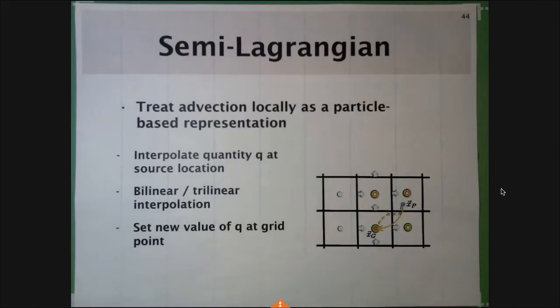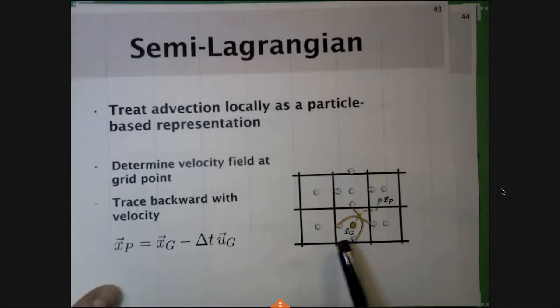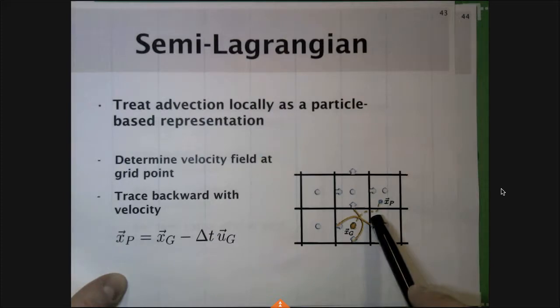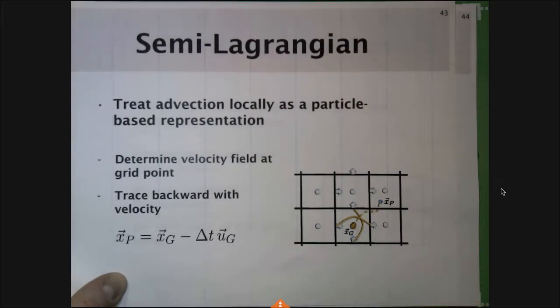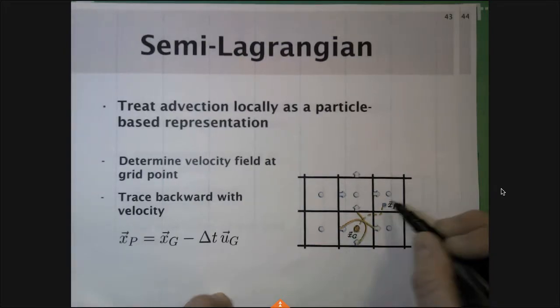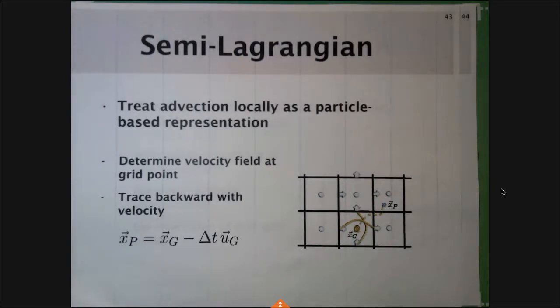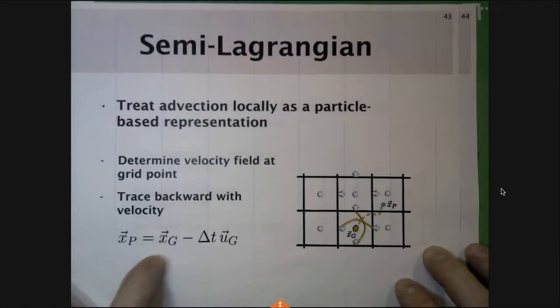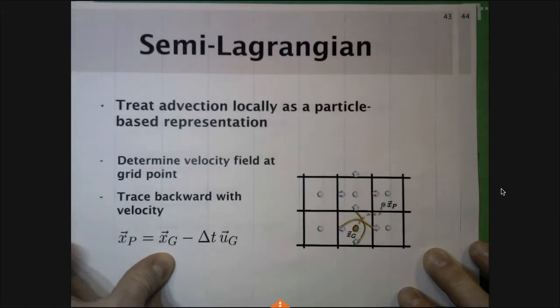So it's actually recommended to do multiple steps there. Trace it back just by a little bit, or an even smarter thing is to use RK2, Runge-Kutta 2, which essentially means that you trace it back by half a time step, get the velocity there, and use it to trace back the full time step. If you want more details, this is discussed in great detail in the book.